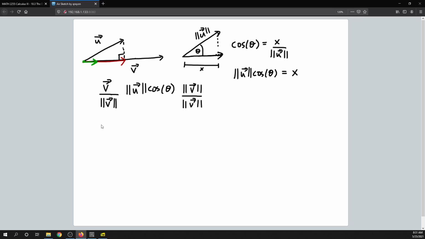And I'm going to write all the scalars out in front because that's normally what we're used to doing. So the magnitude of u times the magnitude of v times the cosine of theta. And then these are also scalars here, magnitude of v times magnitude of v.